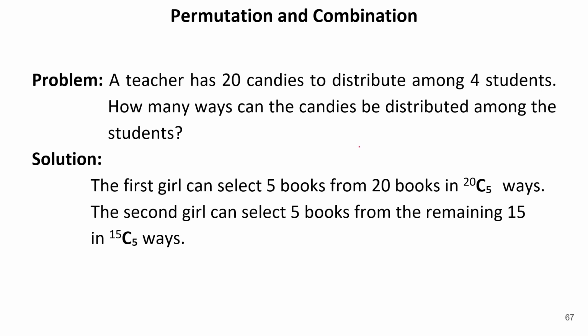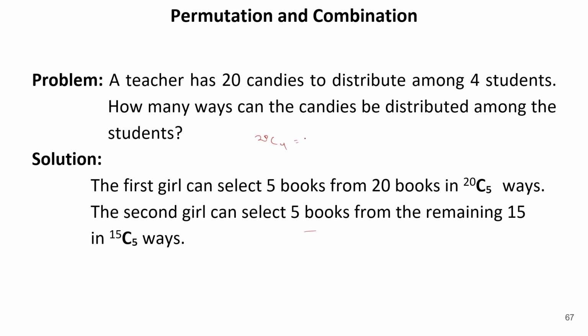So the first girl can select 5 books from the 20 books, right? So we have used a metaphor right here. So in 20C5 ways. The second girl can select 5 books from the remaining 15 in 15C5 ways. Okay, so basically here the answer will be 20C5, that is for 5 books, but we have to choose for 4 students, right?